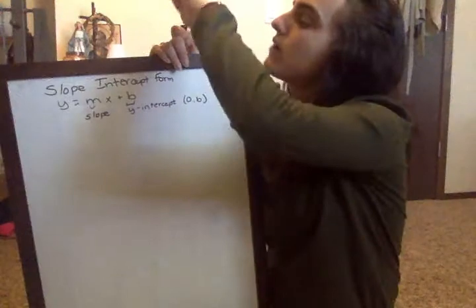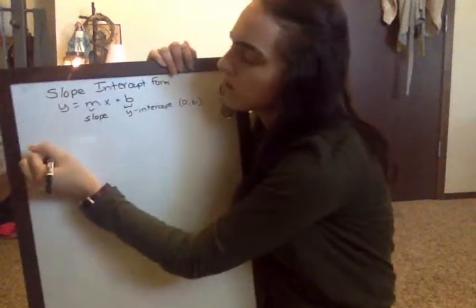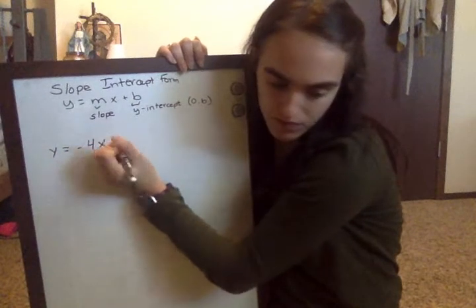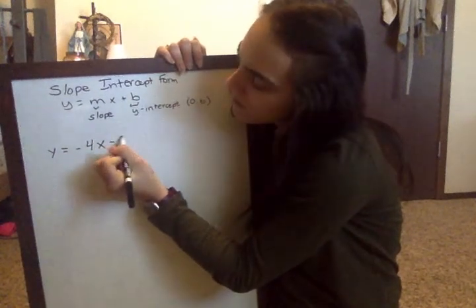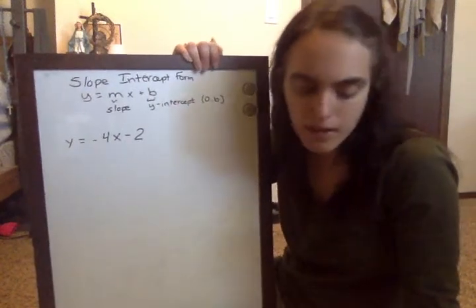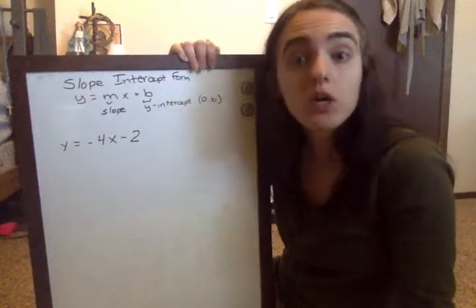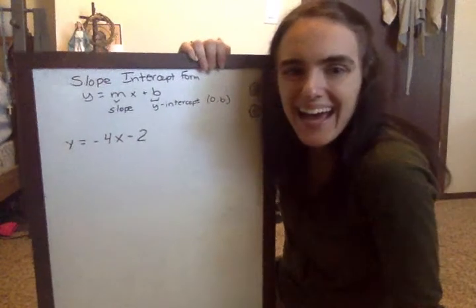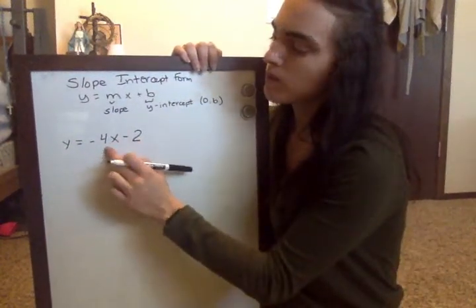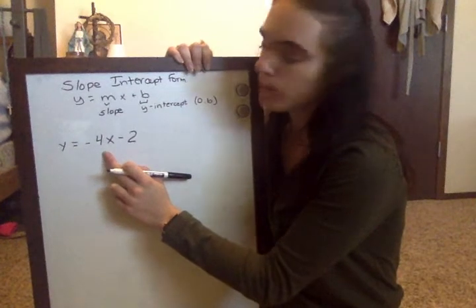So if you have something like y equals negative 4x minus 2, and it told you to graph, you can! So how do we do that? So we know that this number in front of our x is our slope.